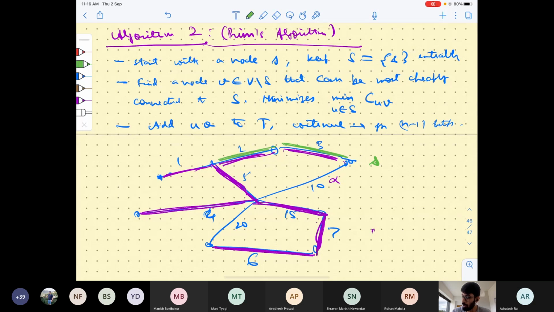Then the next cheapest edge will be 2. Now the next cheapest will be 1. The next cheapest will be 5, then this 4. Now, if this 10 is added, then it is within capital S, because capital S now includes this node and this node. So this 10 will not be added here. Instead, this 15 will be added, this 7 will be added, and this 6 will be added.